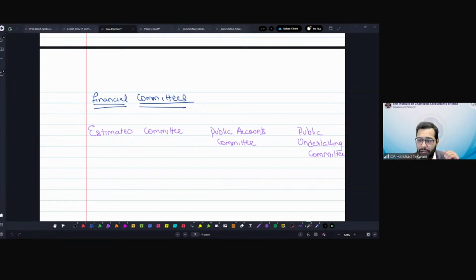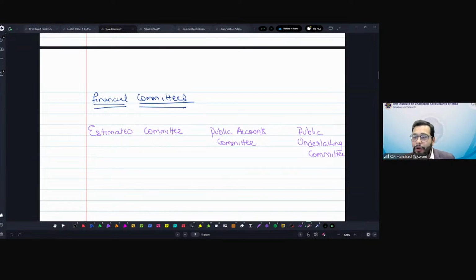There are rules, and there is a Fourth Schedule to those rules where the public undertakings are specified. With respect to those undertakings, the committee examines the reports, examines their autonomy and efficiency, and exercises such other functions as the Public Accounts Committee and Estimates Committee may allot to it. So this is specific to those undertakings.